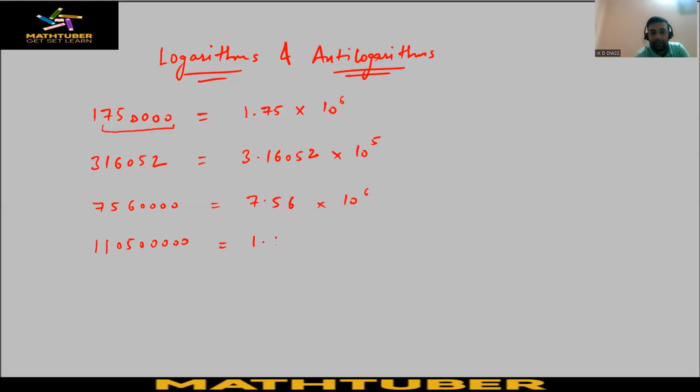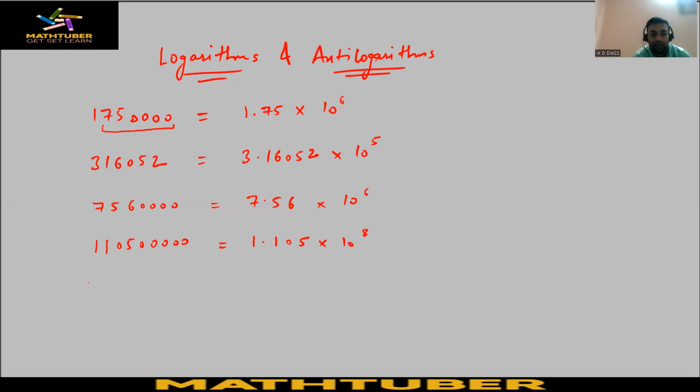So you can write it as 1.105 into 10 raised to power 8, right? Because we are shifting the decimal from the right hand side to the left hand side. So the power becomes positive here, right?